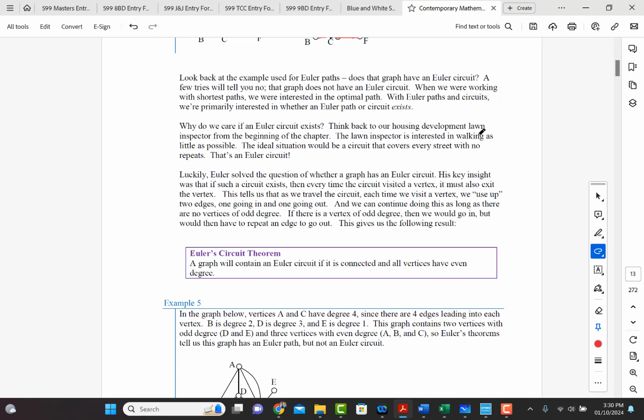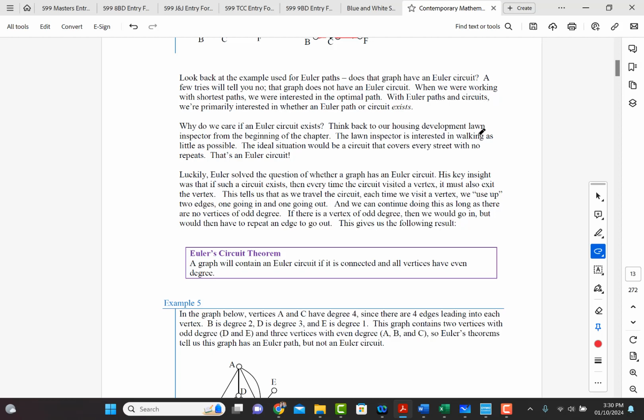Okay. Now, luckily, Euler solved the question of whether a graph has an Euler circuit or not. So the question of existence, right? His key insight was that if such a circuit exists, then every time the circuit visited a vertex, it must also exit the vertex. This tells us that as we travel the circuit, each time we visit a vertex, we use up, in a manner of speaking, two edges.